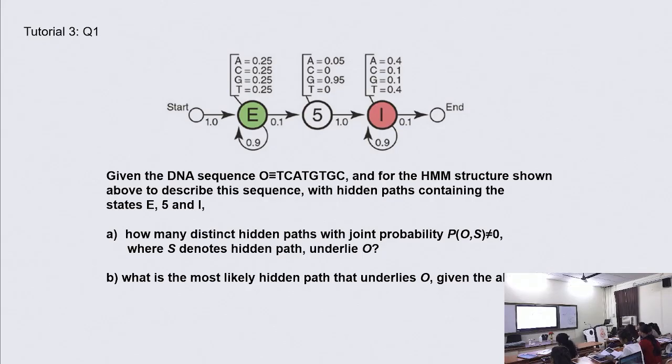How many distinct hidden paths with joint probability not equal to 0, where S denotes the hidden path that underlies observation sequence O? So how many paths have the joint probability not equal to 0? When you compute the joint probability of observation sequence and hidden sequence, that should not be equal to 0. So how many such hidden paths are there?